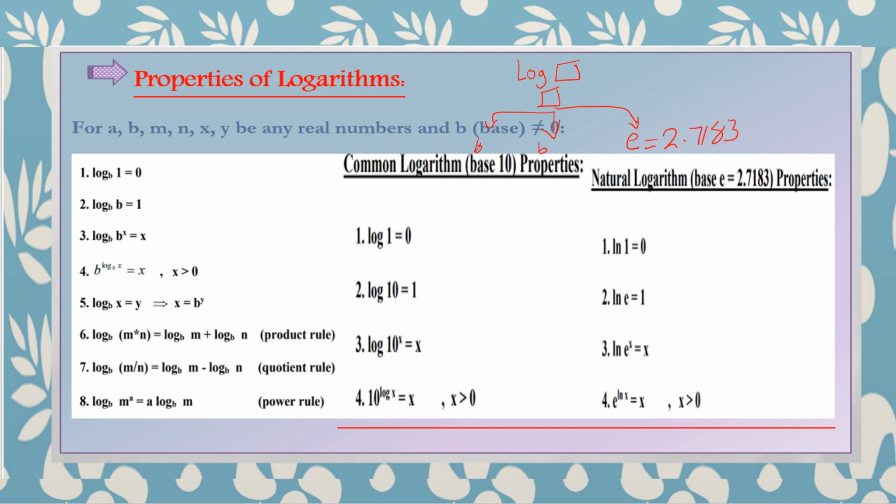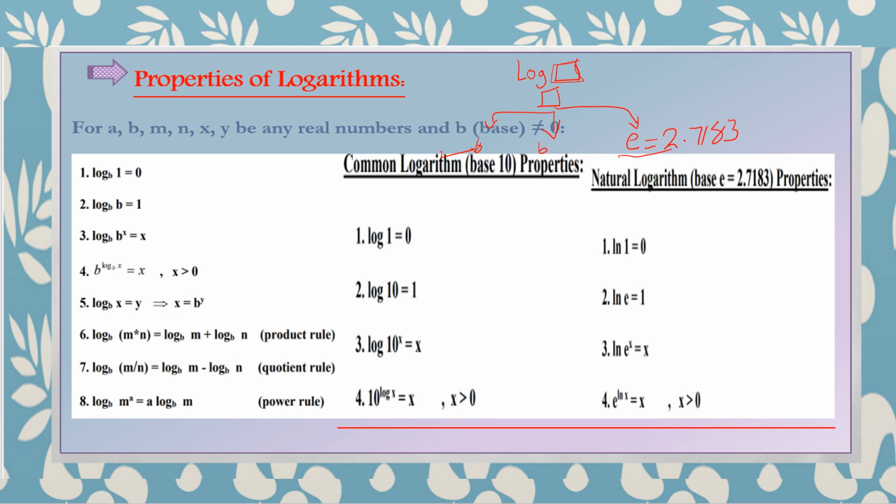So this is the common form of the logarithm, e is the natural logarithm, and b can be any real number for the base of the logarithm. So these are the three types of the base of the logarithm, and this is the number that we want to take the logarithm for.